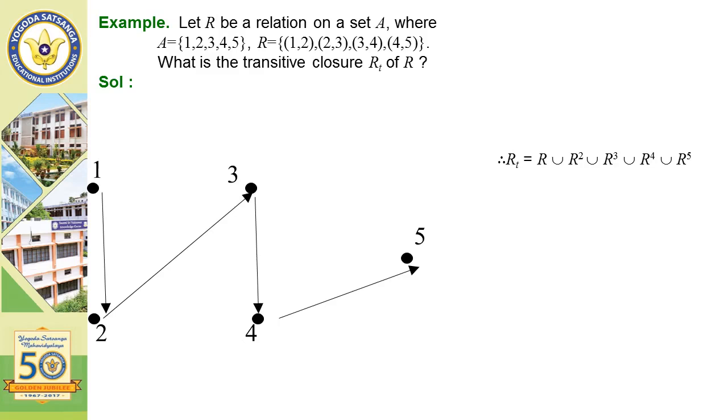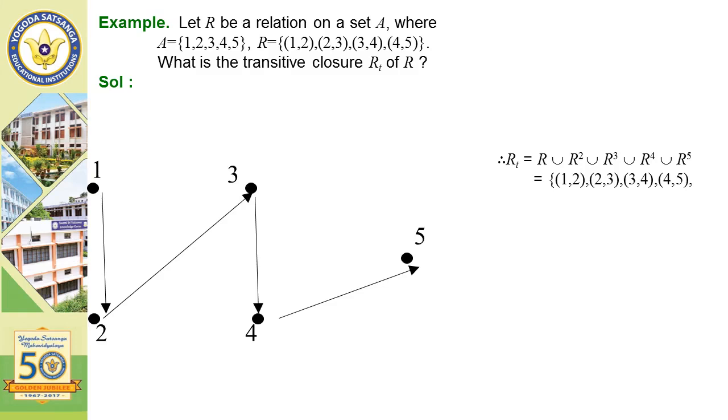The edges are represented by the elements given in the relation: (1,2), (2,3), (3,4), (4,5). All these edges have a path length of 1. Hence this is in R. So the elements in R are (1,2), (2,3), (3,4), (4,5).